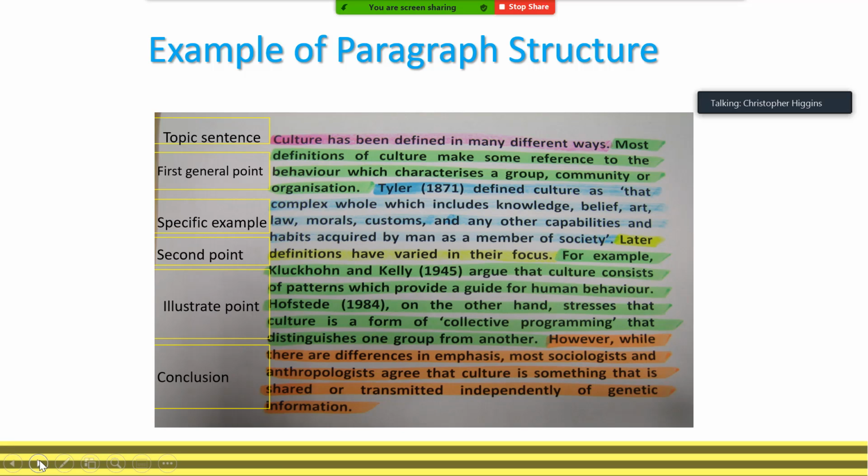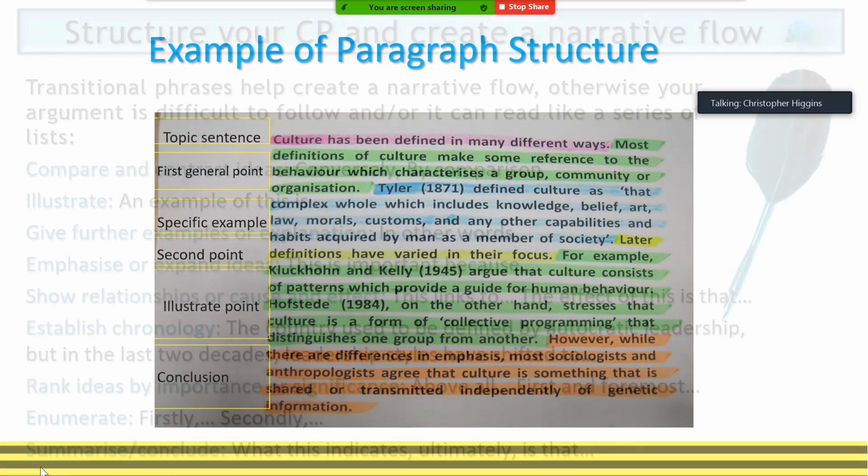And then a conclusion. What do we take from that, therefore? Is this now the way things are, or are there also other things that are going on in Papua New Guinean leadership? Okay, what does this tell us about hierarchy in the country then? That's your concluding sentence. Then you're moving on to something else, a new topic sentence, and so on and so forth.